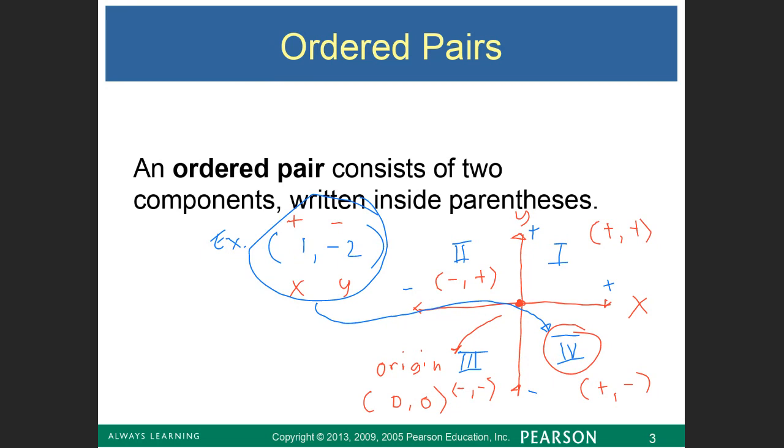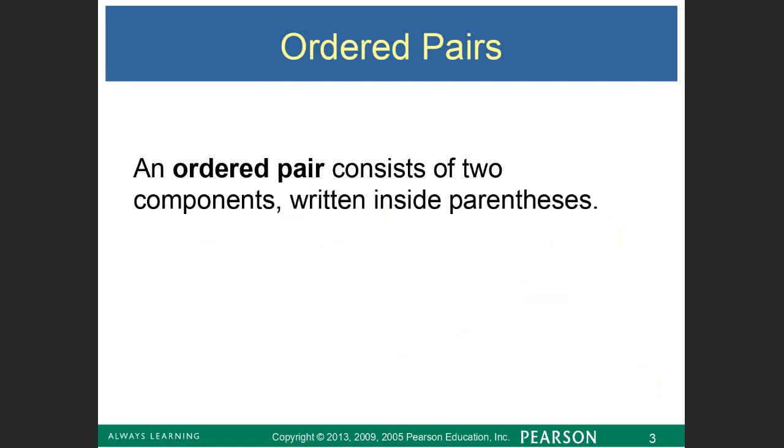Okay, so we can plot the point (1, -2) by doing this. Our example from a while ago is (1, -2), and we try to plot that point in the rectangular coordinate system. This is our y here, and we have our x here. The point of origin is at (0, 0). So you move 1 to the right because it's a positive 1, and then -2, it's a negative, so you go down 2 units.